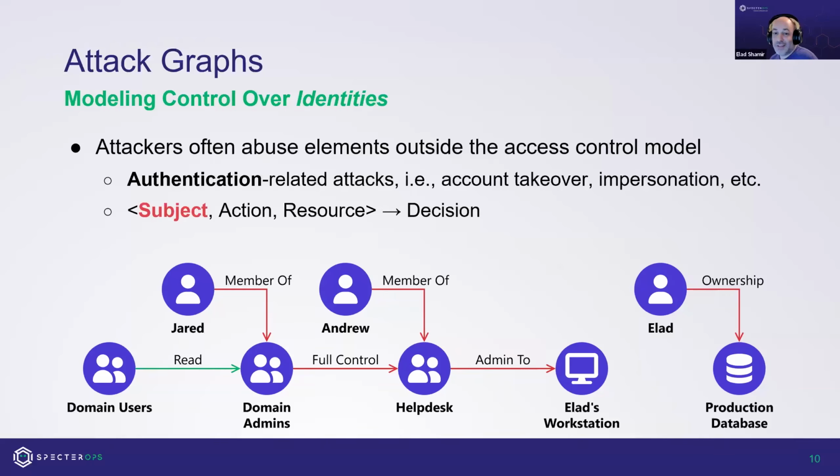The reason they do that is because they want to target the subject element in the access control entry. If they can take over the subject, of course, they can abuse the entry and then navigate the access control system.